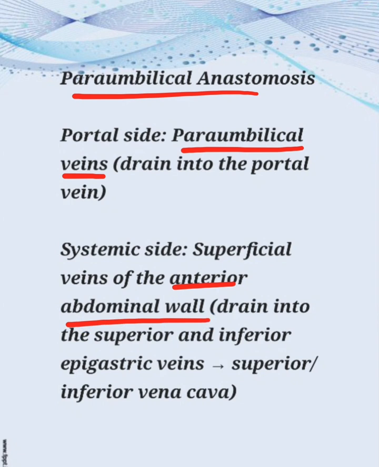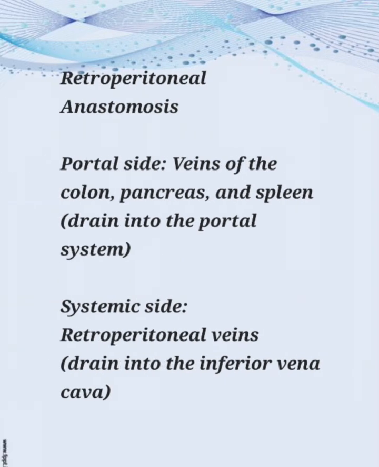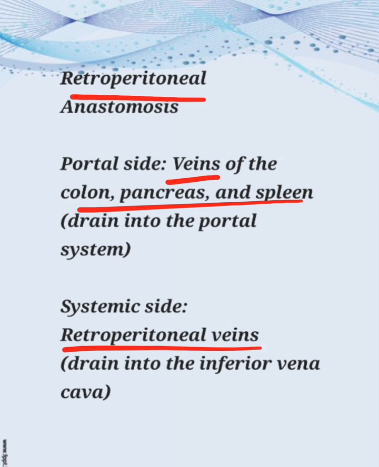Then the retroperitoneal anastomosis, retroperitoneal meaning not present in the peritoneal cavity. This takes place between the veins of the pancreas, spleen and colon and the retroperitoneal veins.